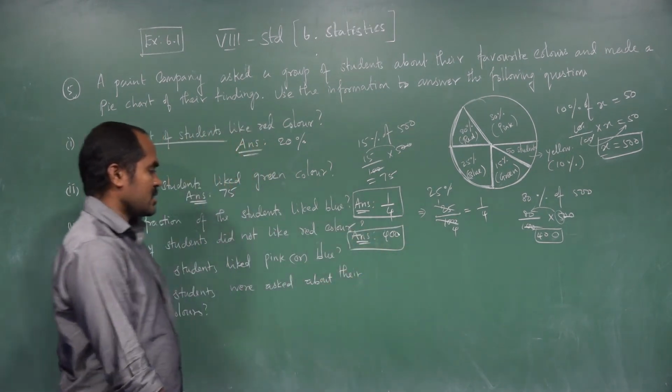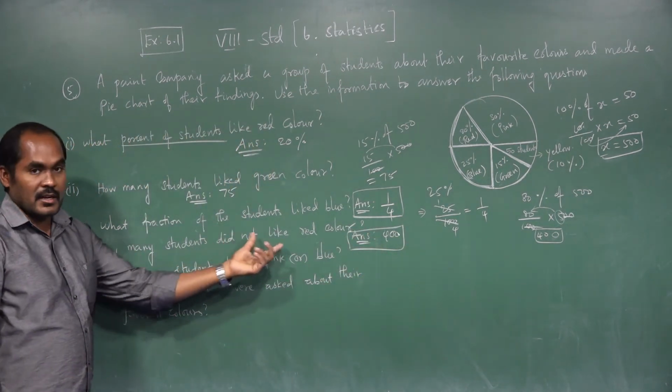So 400 students did not like red color. Our fourth question answer is 400.